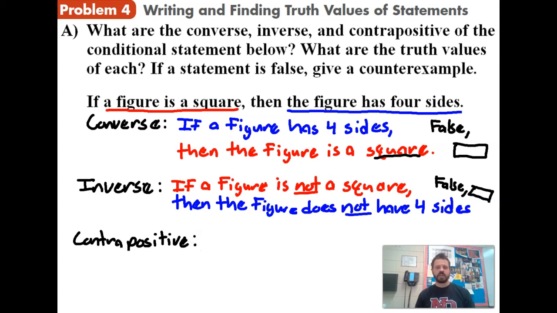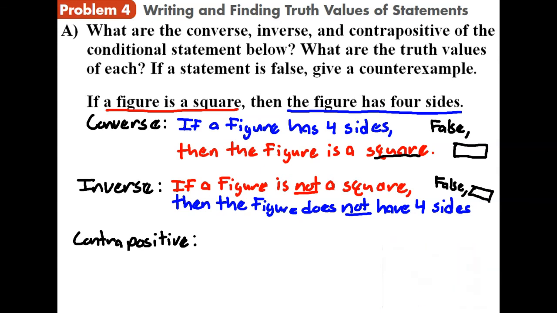Okay, and that one both flips the hypothesis and conclusion and negates them. So let me get myself out of the way here quick.